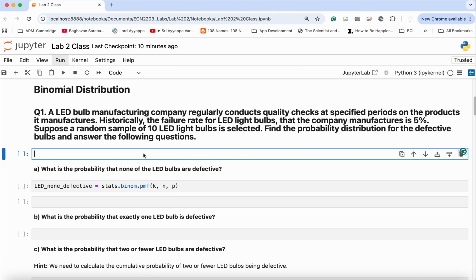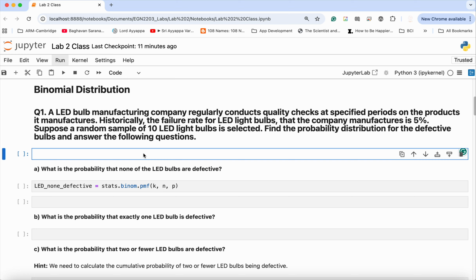Let's look at p, which is the probability for the event that we are interested in, in this case the failure rate.